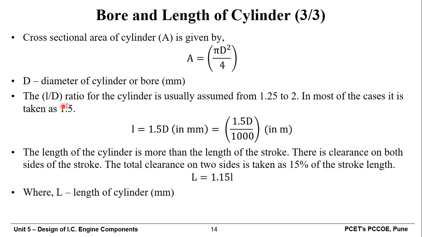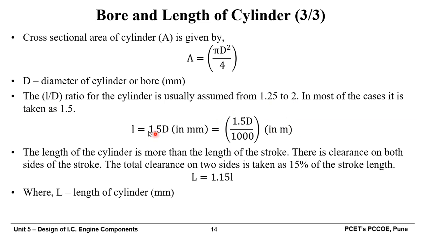For that, generally the L by D ratio for the cylinder is usually assumed to be 1.25 to 2. In most of the cases, it is taken as 1.5. So if you know the diameter of the cylinder or bore, then just multiply that value by 1.5 and you will get stroke length. Or this is another formula in terms of meter.